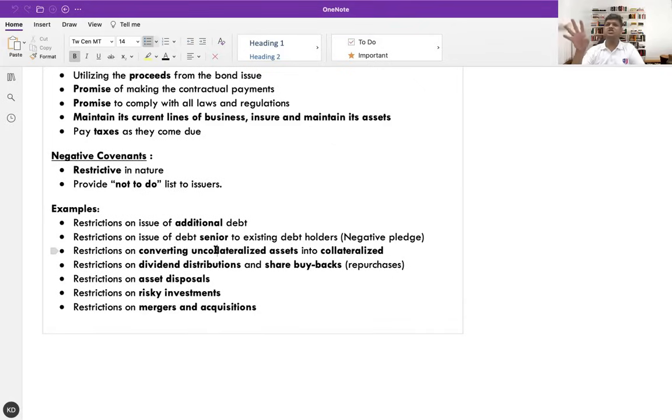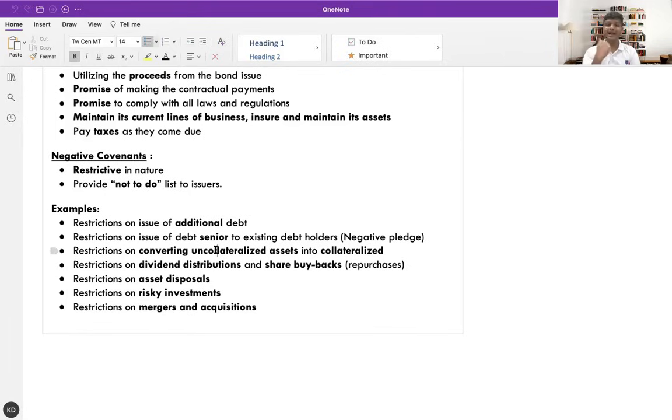So there are various restrictions. For example, you cannot distribute dividends before paying back the bondholders, right? Very, very natural. You cannot sell off the assets before disbursing to the bondholders. You need to take bondholders' approval before selling off the assets.